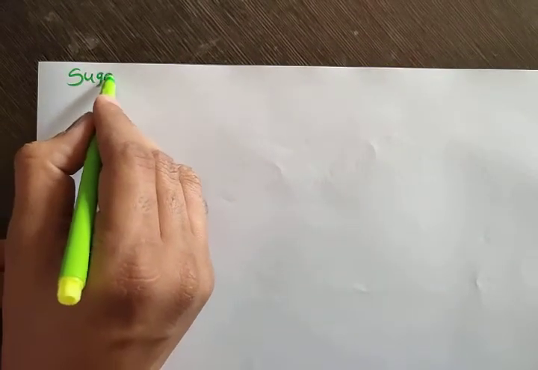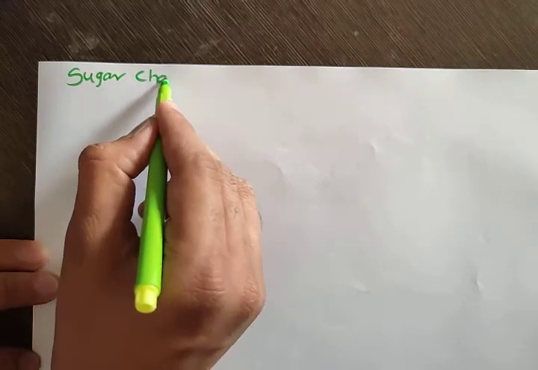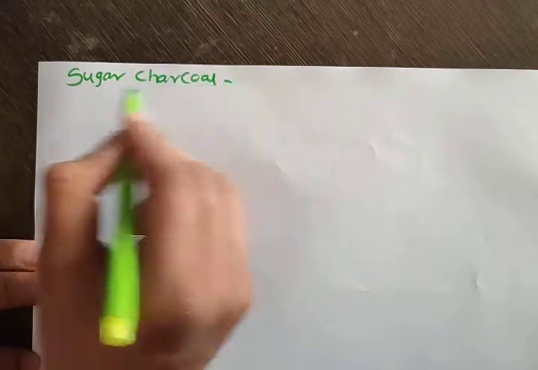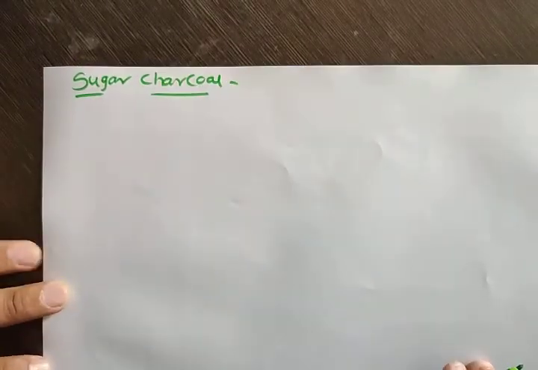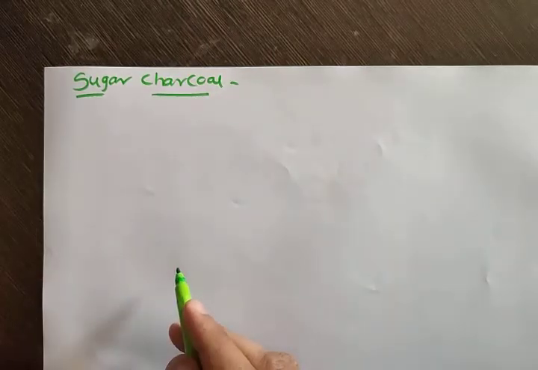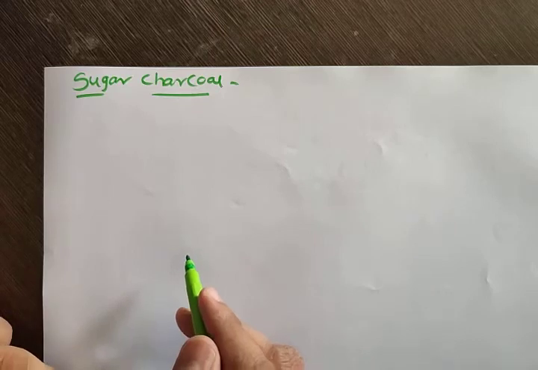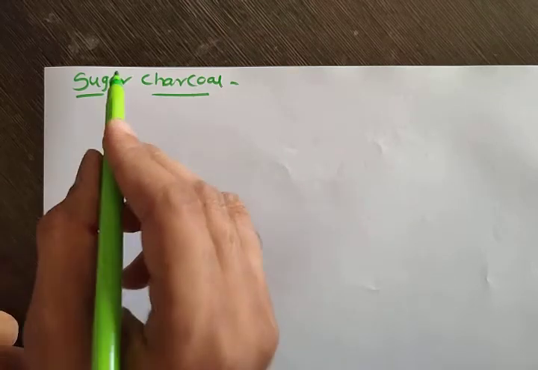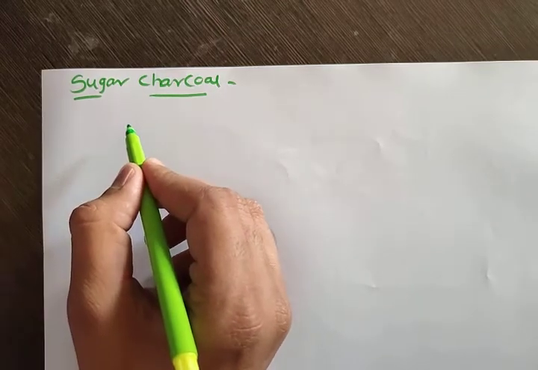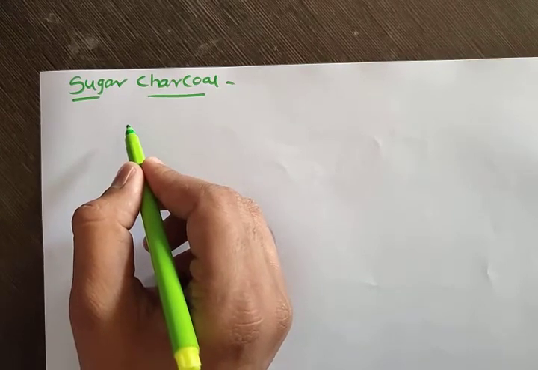The next type of charcoal is sugar charcoal. Sugar, all of you have seen; we use it daily. So how will we make sugar charcoal? We made wood charcoal by destructive distillation, but sugar charcoal is very simple to make.